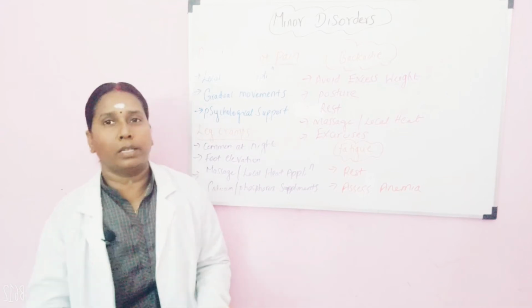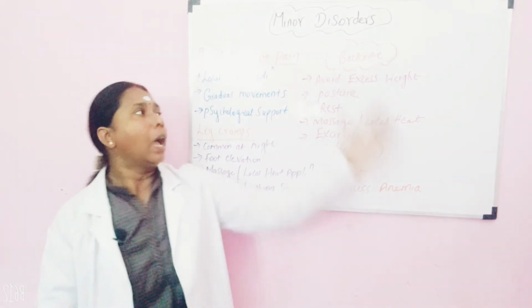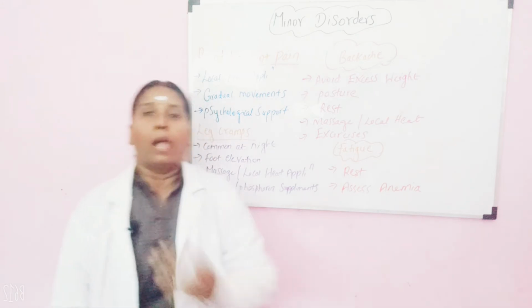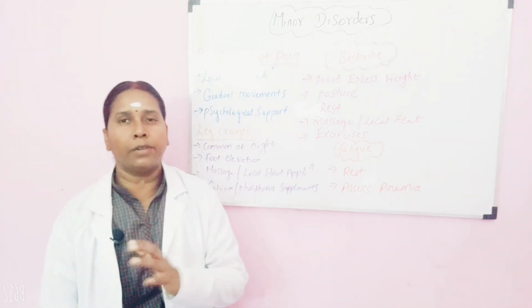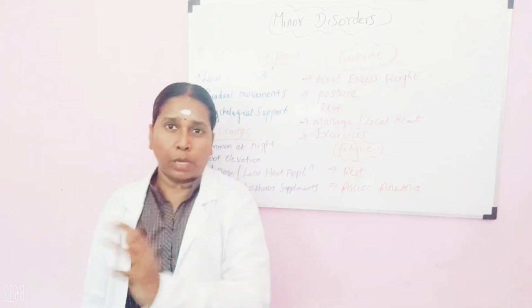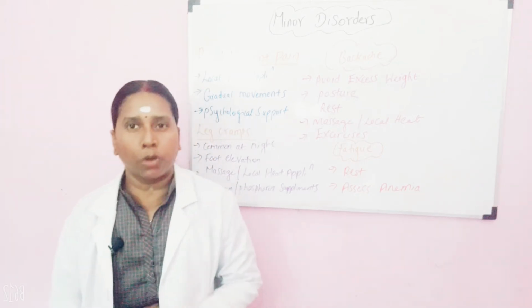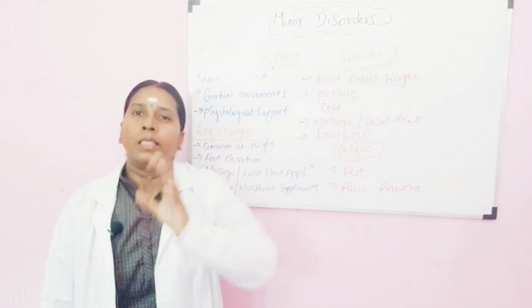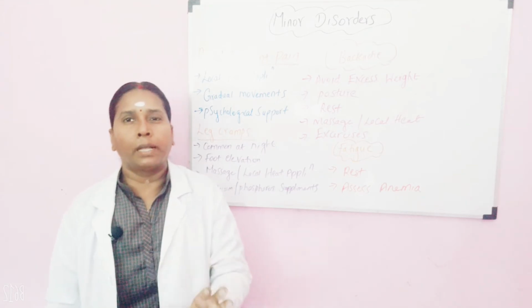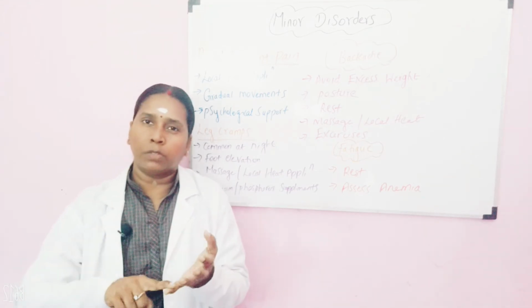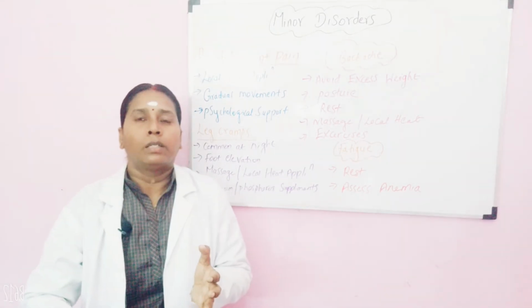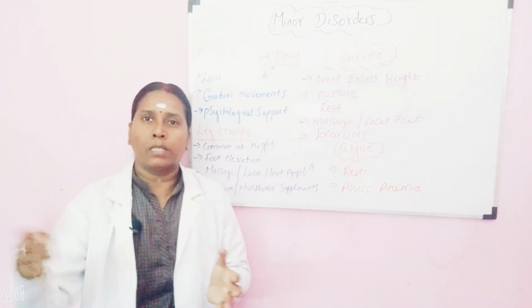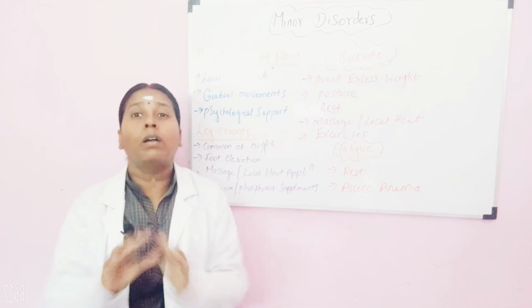So what is the management part? First, avoid excess weight gain. Usually you must expect weight gain during pregnancy, around 10 to 12 kgs. That is the weight of the baby, the placenta, the fluid, everything together, 10 to 12 kgs or 15 kgs, but not more than that.